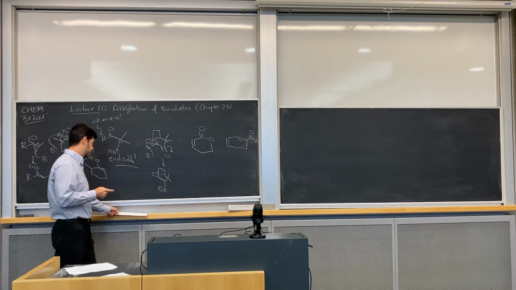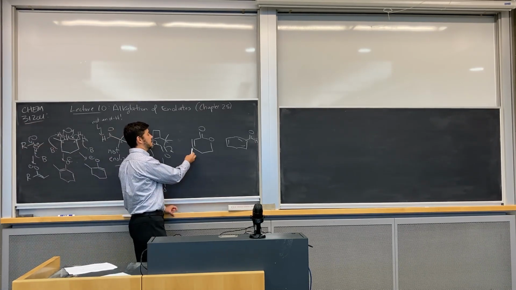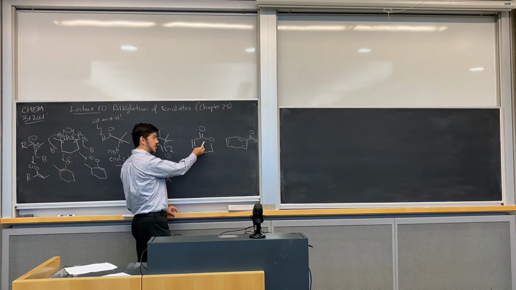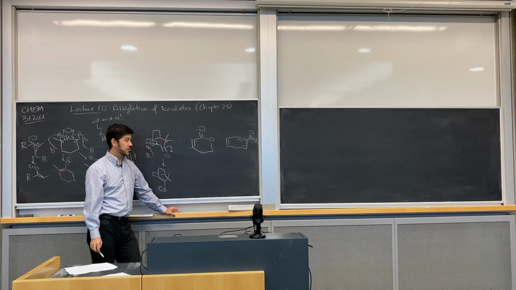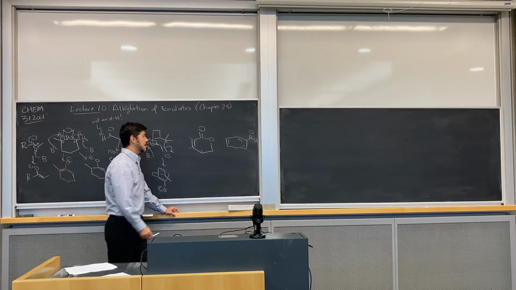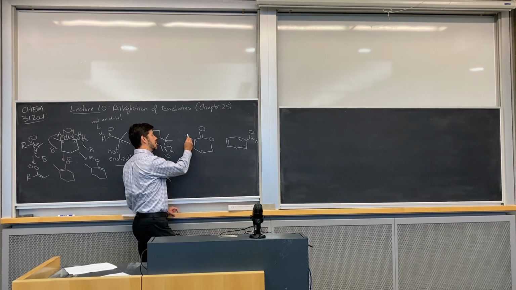This compound here is a lactone, and you definitely have an alpha carbon, and you have a beta carbon, gamma, and so on. Now the question is, is this proton acidic?